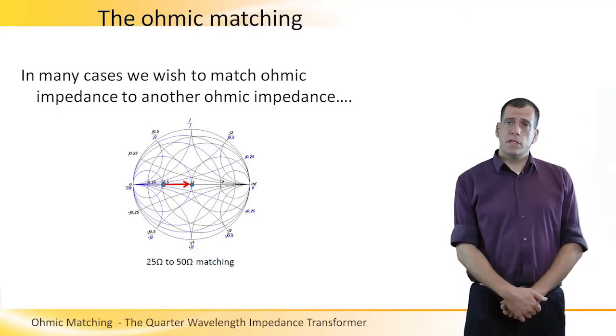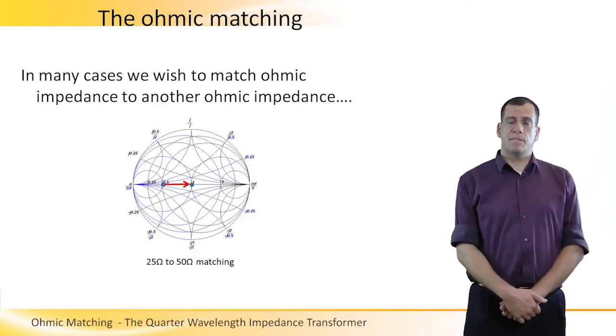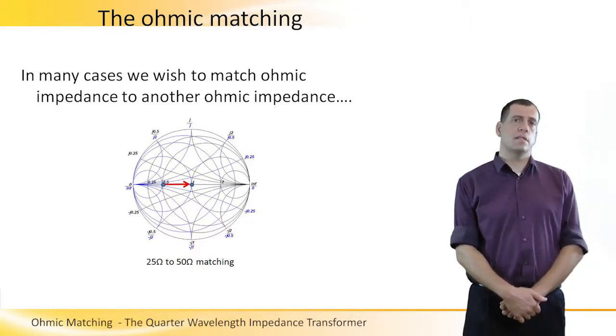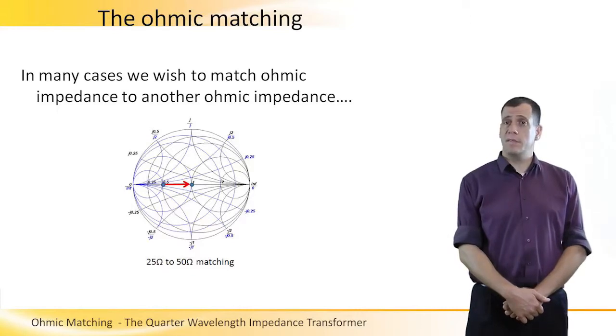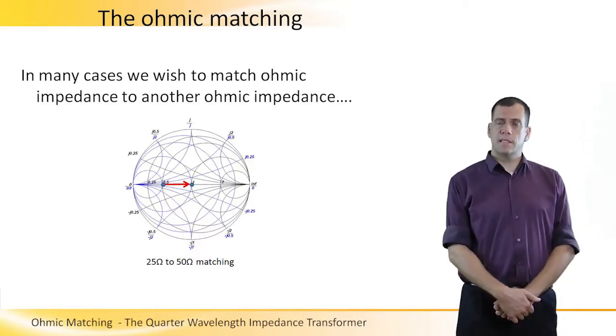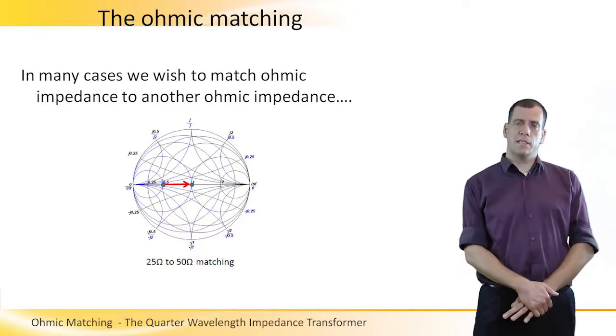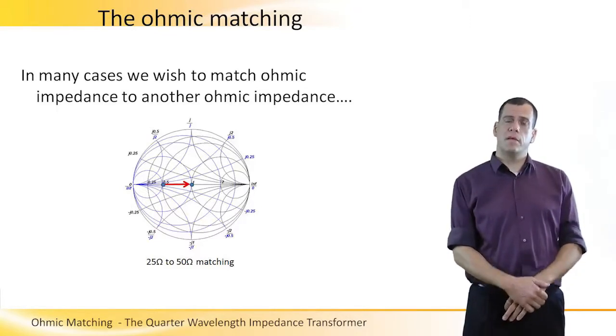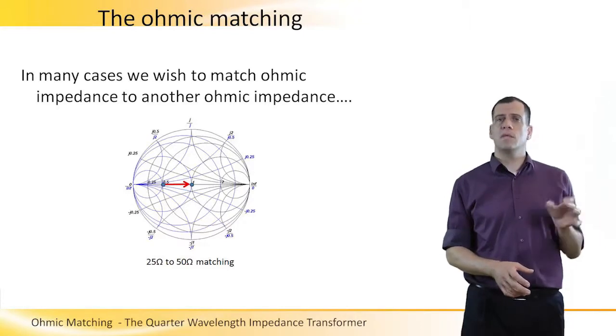And usually, when a device is designed well, then the characteristic impedance or the termination impedance of it will be resistive. So in many cases, even though this is a very specific case of matching, we have a match between ohmic impedance to another ohmic impedance.